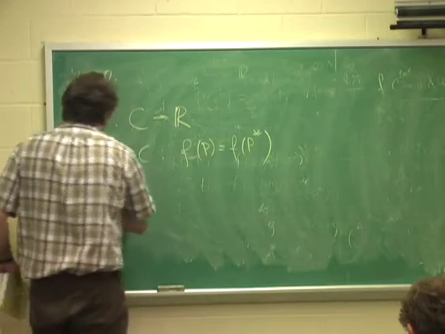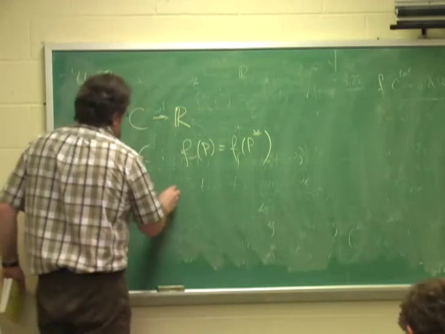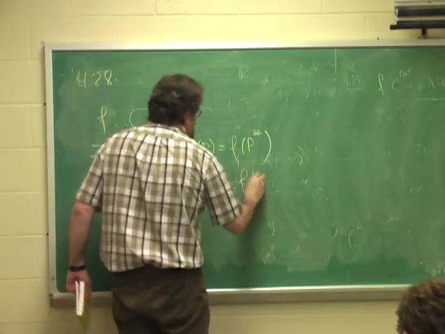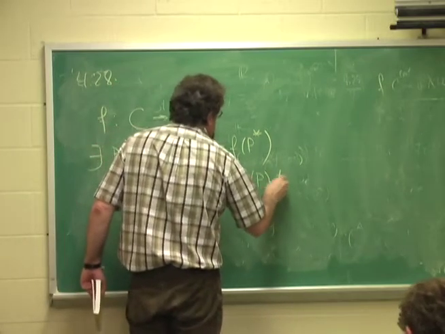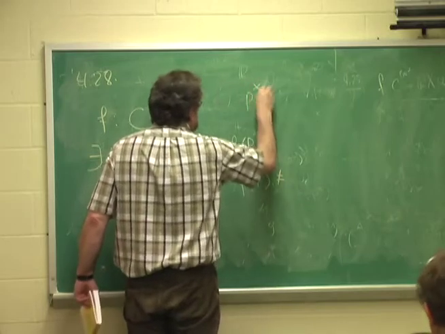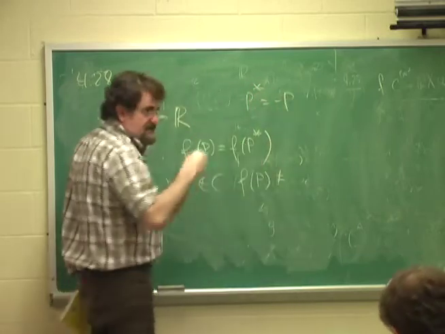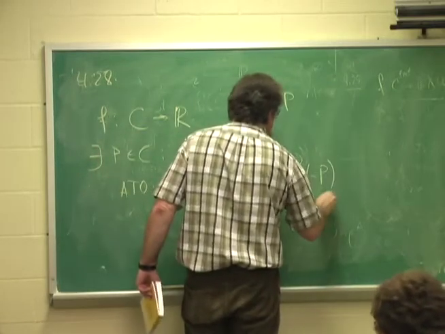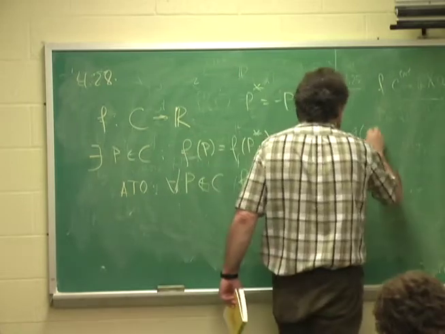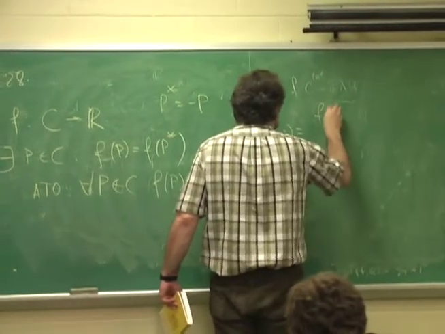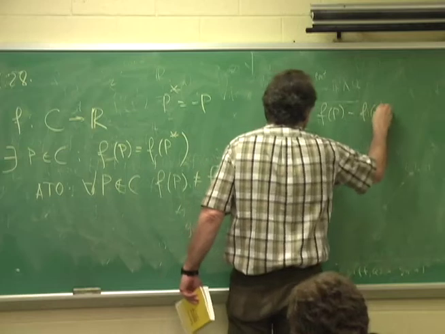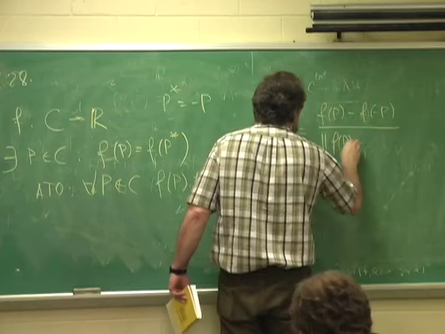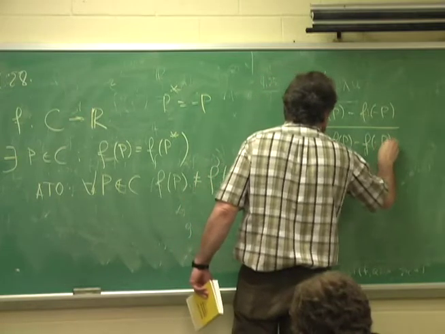Certainly I have to assume the opposite. For any p in the circle, f of p is not f of p star, actually I can assume that p star is negative p. So the circle is centered in 0, so f of p is not f of minus p. And I consider g of p equal to f of p minus f of minus p.